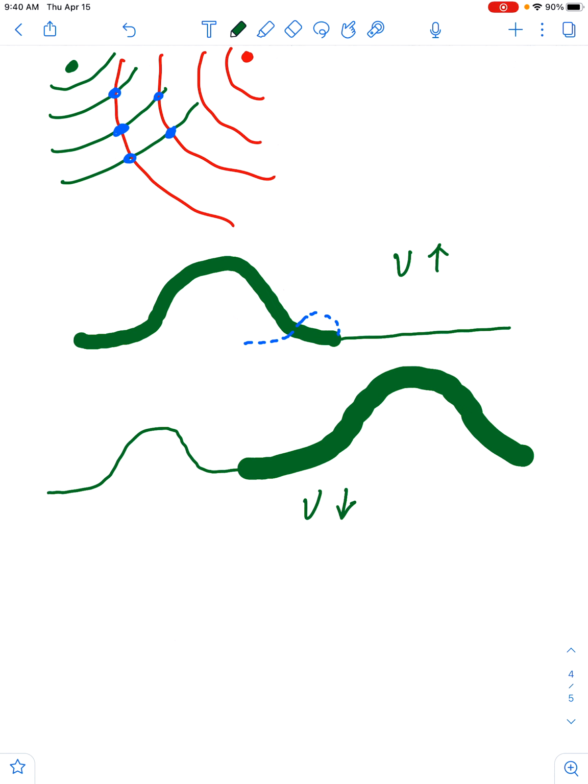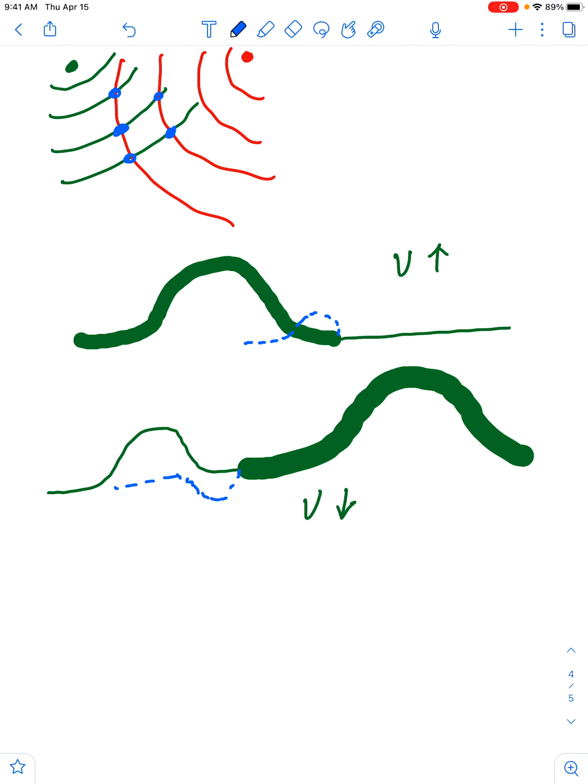I'm going from an easy medium to a little bit more difficult medium, so my velocity is going to slow down. Also, whenever you go from a thin rope to a thick rope, part of that's going to reflect back, but it's going to reflect back in the opposite direction. So whenever you go from thin to thick, velocity slows down, and part of that wave is going to reflect back in the opposite direction. Meaning if I had a crest in the beginning, it's going to come back as a trough.